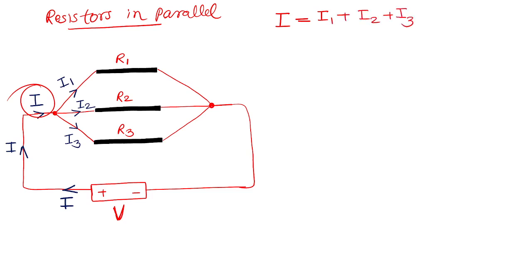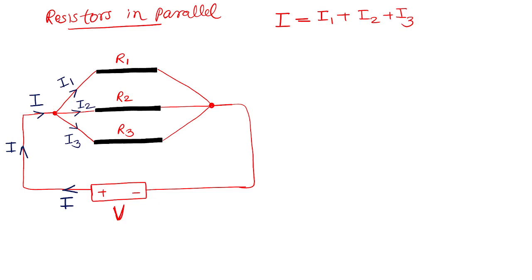This must be the first step. This must be the beginning. The total battery current is equal to the sum of the currents through each resistor. I equals I1 plus I2 plus I3.